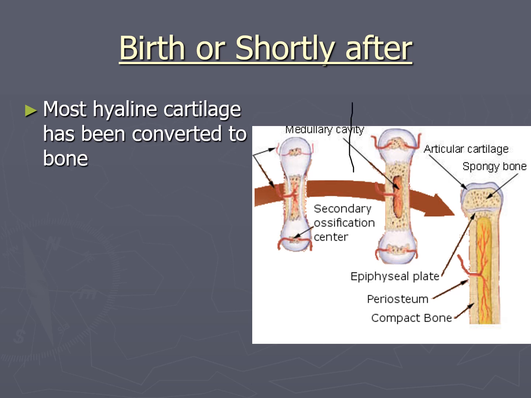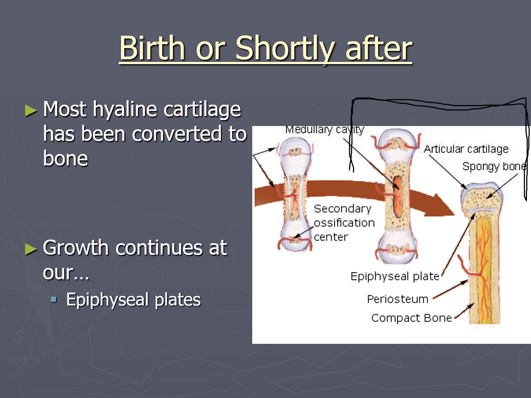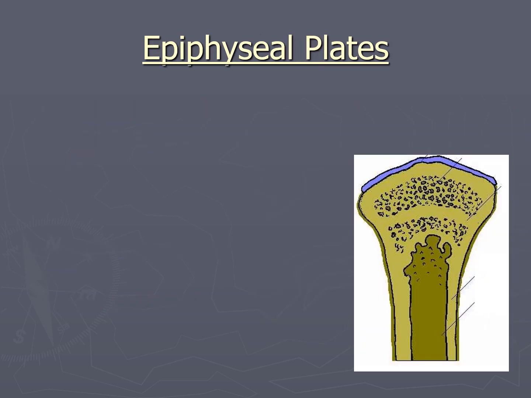So at birth, we would be looking at something between here, depending on individual development and the time when the baby is born, gestationally speaking, etc. Growth is going to continue at the epiphyseal plates, which are right here. The epiphyseal plates are going to allow for the bones to continue to grow.